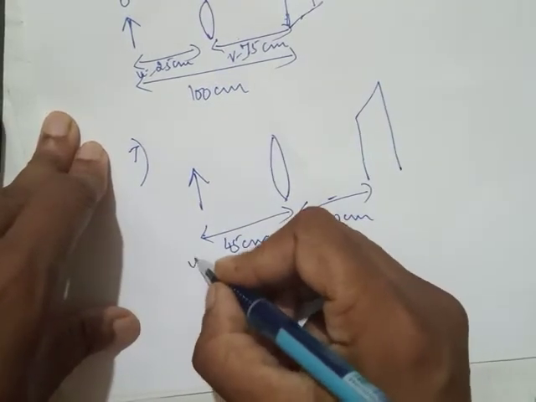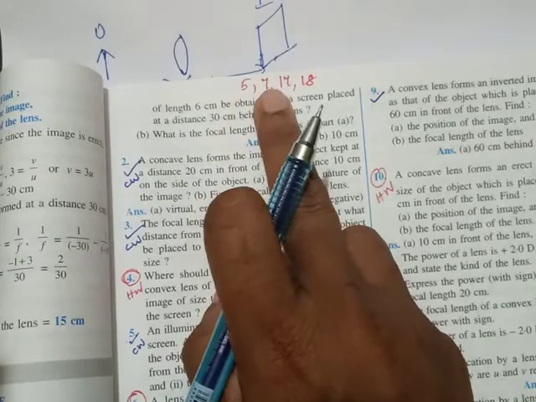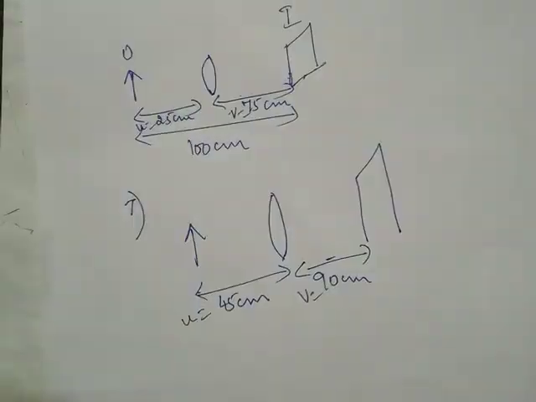So again U and V are given, so you can solve it. Please do these 4 numericals: 5, 7, 17 and 18.